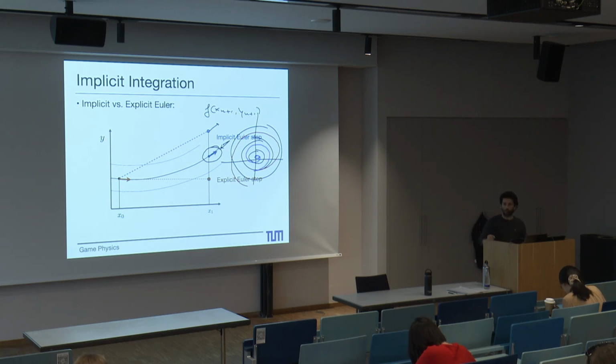Yeah, no, I see what you mean. The question was, for people not in the room, whether implicit integration is used in practice. We're going to see in a moment that implicit integration has some perks that we can use, despite the fact that it has a relatively large computational cost.